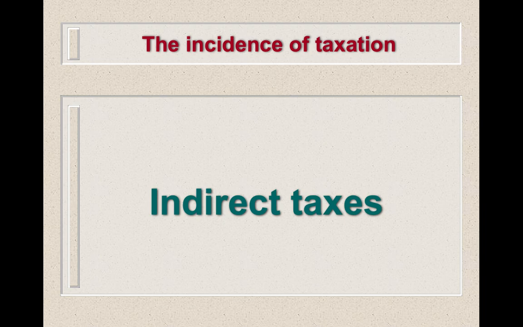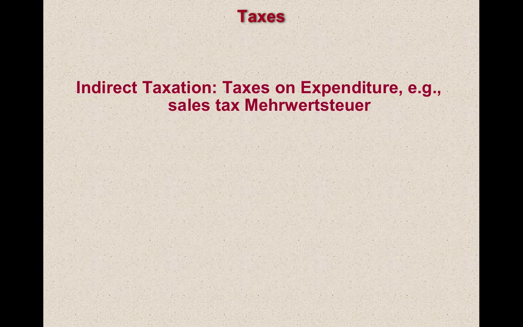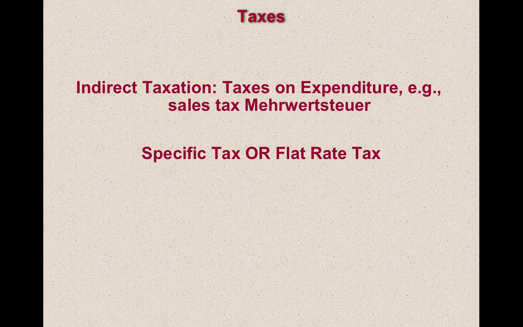The business takes it from you, then gives it to the government. We define indirect tax as taxes levied on expenditure, or taxes on spending. A good example in the United States or Britain would be a sales tax. In Germany, I believe the sales tax is called a Mehrwertsteuer, if I'm not mistaken. These are examples of indirect taxes and what we're going to be looking at today.